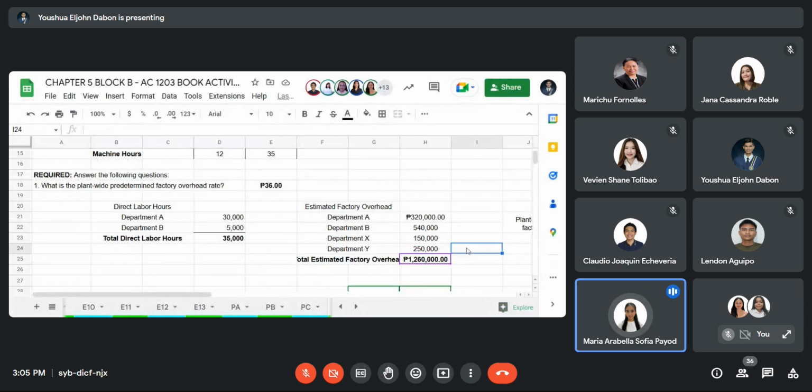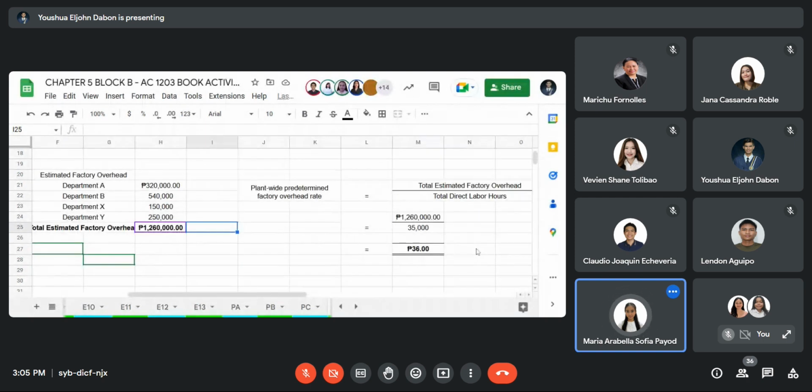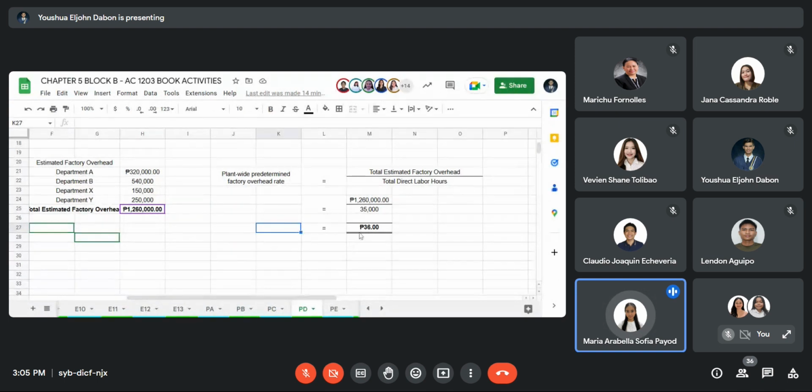Now, to get the plant-wide predetermined factory overhead rate, you divide the total estimated factory overhead by the total direct labor hours. So that would be 1,260,000 divided by 35,000, and you would get 36 pesos.